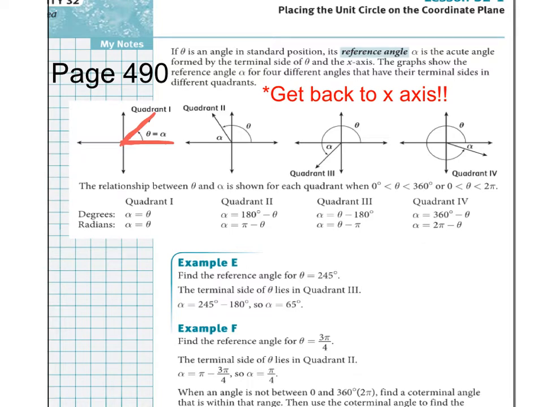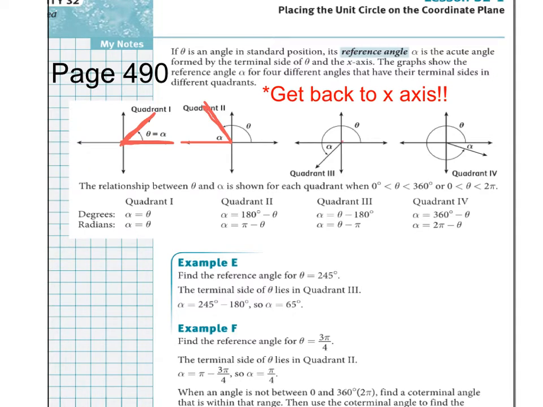In quadrant 2 now, you can see the actual angle terminates in quadrant 2. Now the reference angle is actually this guy over here. It's the one getting you back to the x-axis as fast as possible. We'll do an example in just a second. I just want you to visualize these real quick.